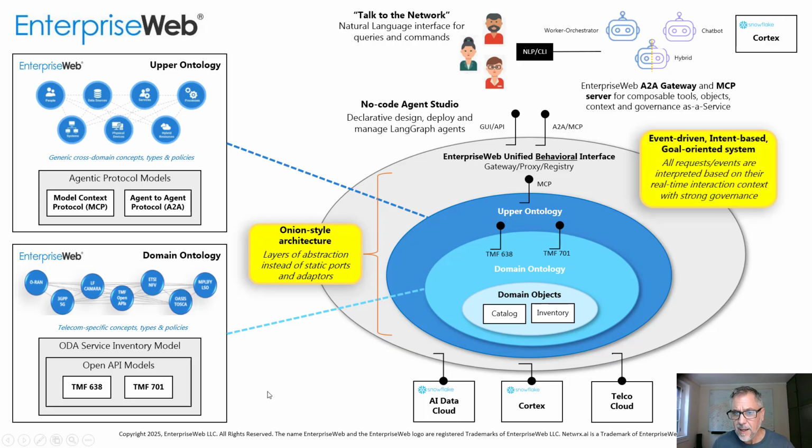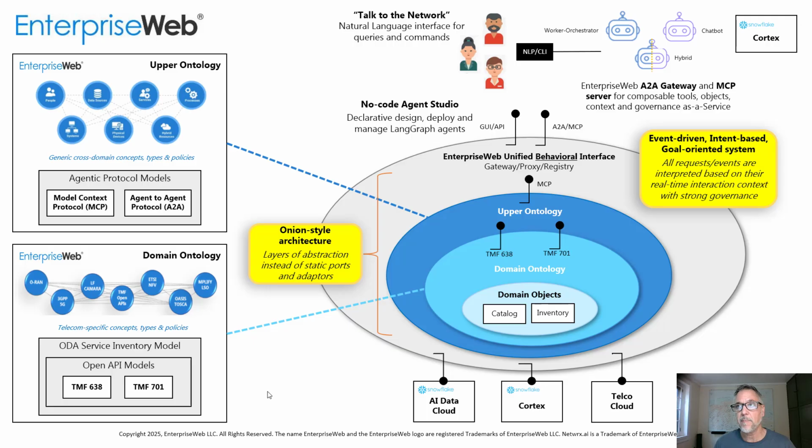Now, I mentioned at the beginning of this slide that our interface was behavioral. Behavioral interfaces are a type of design pattern that really focuses on interactions and connections. And that's really critical, as opposed to being a static interface over static applications and static databases that are all tightly coupled.